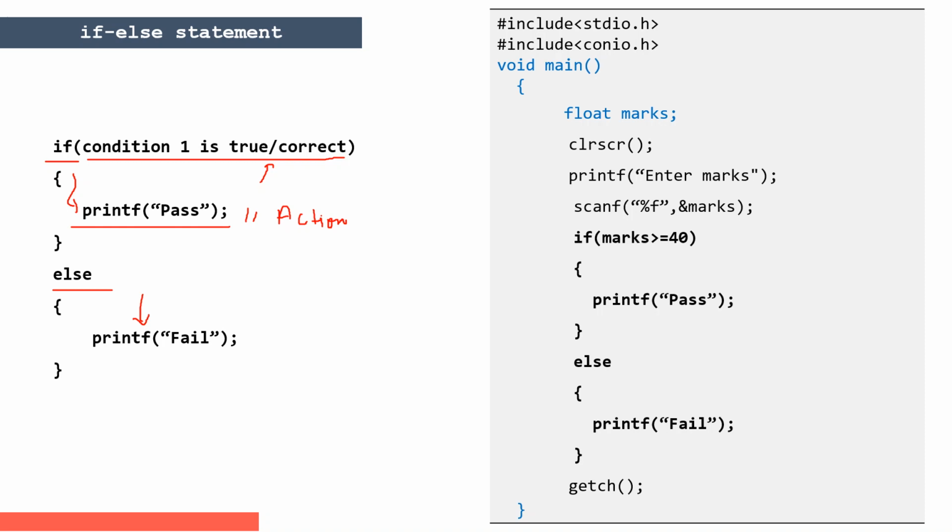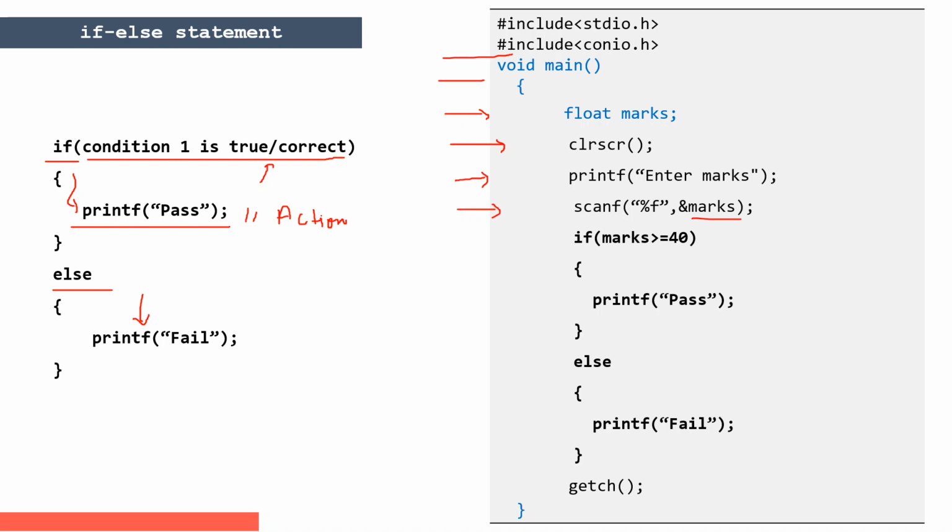So in the practical, if you want to run this code, I have given all the details of the code. Here you have to include header files, then you have to write the main function, then you will declare the variables, then you will do clrscr to clear the screen, then you will ask for user input, that is, printf enter marks, then you will scanf or read the input, since the variable is of float type, then ampersand marks.